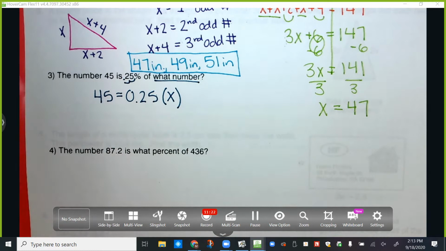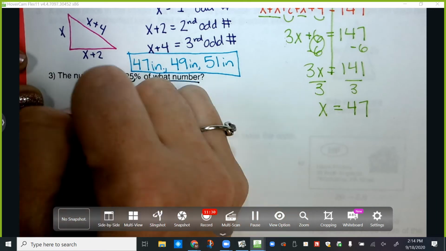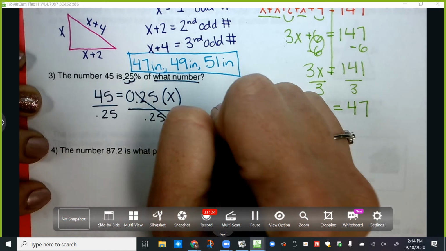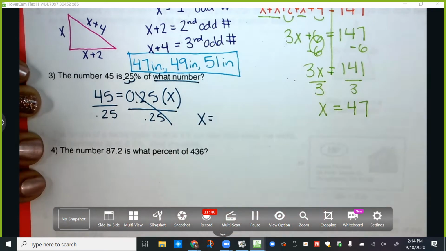How do we get x by itself? Divide. We're going to divide by 0.25. What I do on one side, I do on the other. And 45 divided by 0.25 gives me 180.